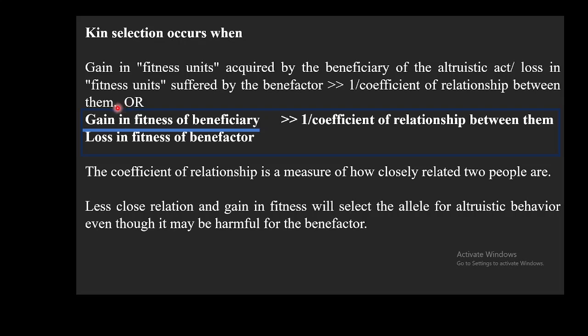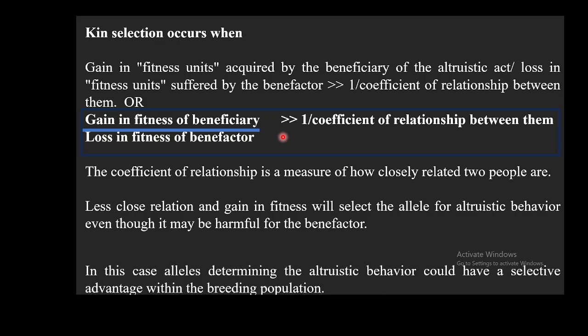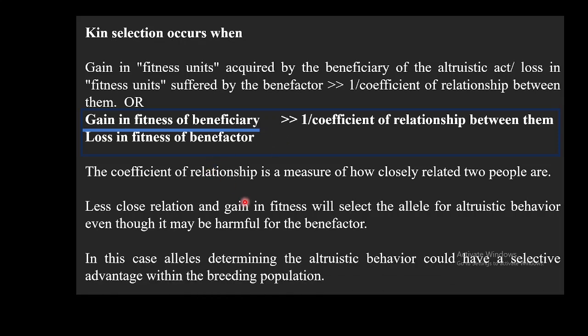So what are the important things? The gain should be high in the beneficiary in comparison to the loss in fitness of the benefactor, and the closeness should not be too high. In that case nature will select that particular altruistic genotype. Alleles determining the altruistic behavior would have a selective advantage within the breeding population.